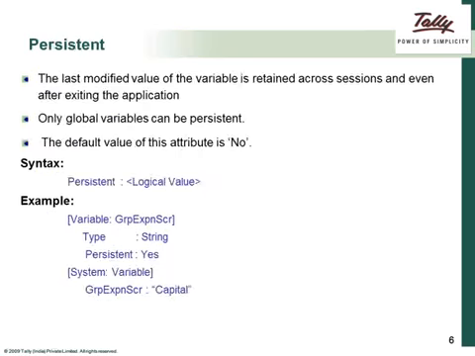Persistent: when a variable value has to persist even after you quit your Tally application or the sessions of your Tally application. That is, once you quit Tally and you restart, the last changed variable value should be held. For that kind of behavior, we require the variable value to be persistent.